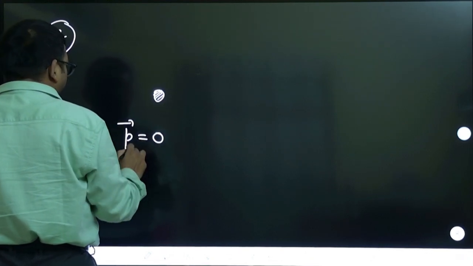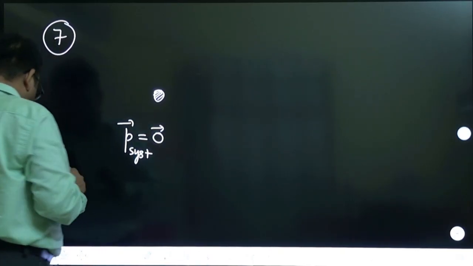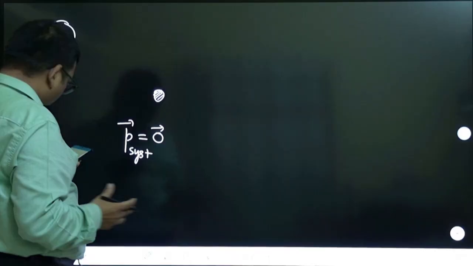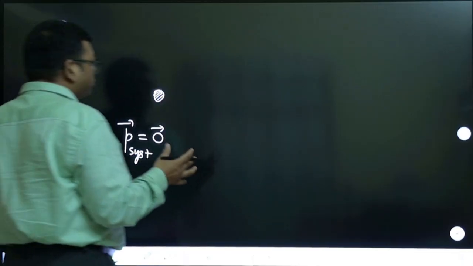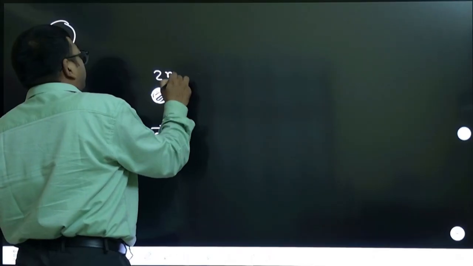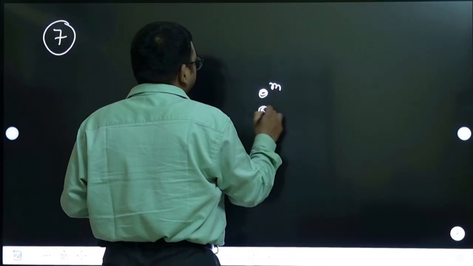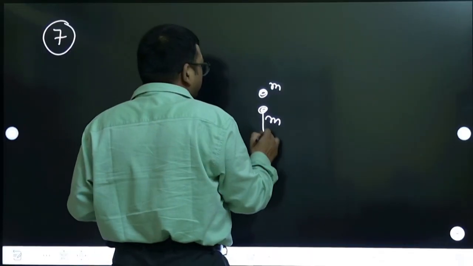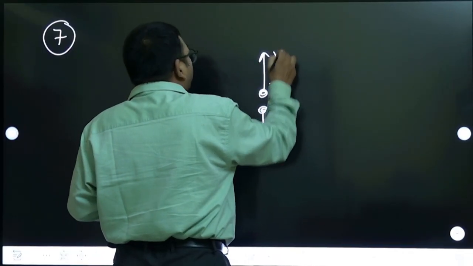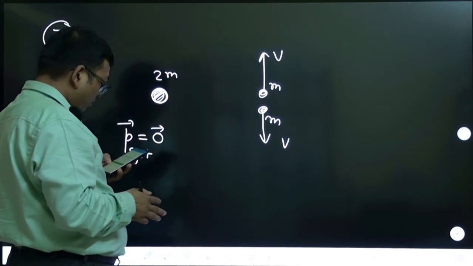It is breaking into two particles: right now its mass should be 2m, and finally it breaks into m and m, but whichever direction one goes, the other goes in the opposite direction. This will go this way and that will go that way, with the same speed, but the velocity will be opposite, right?